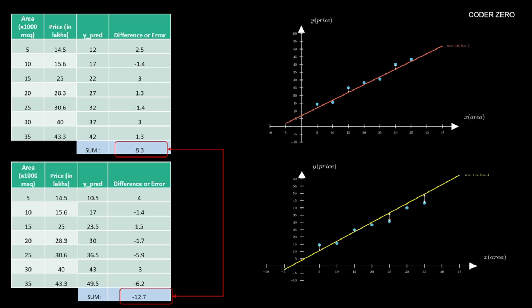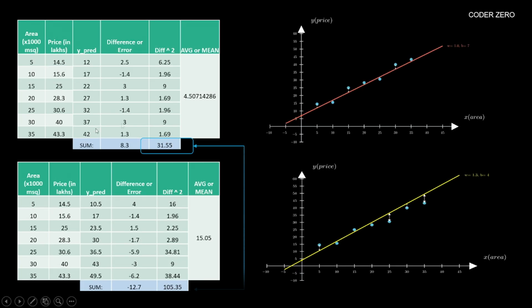Now let's get rid of these negative values in our difference, or in our error, by squaring these values. If we square these values, you can see we don't have any negative values in the difference square. Now if we compare the summation here, this represents the actual best fit line.